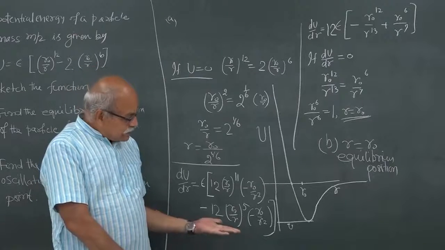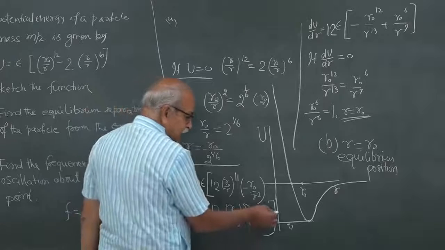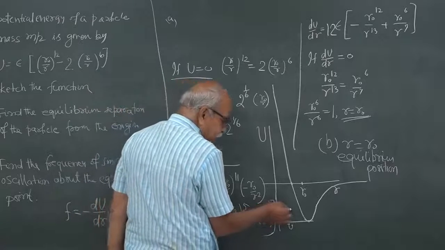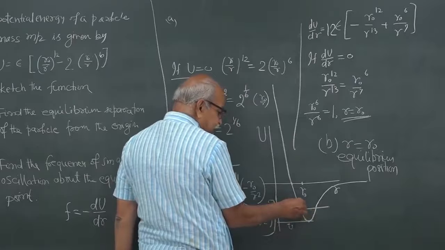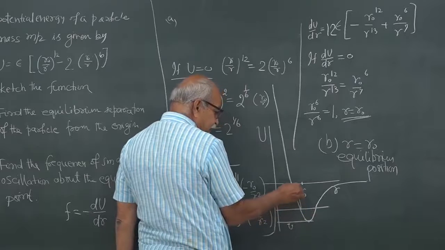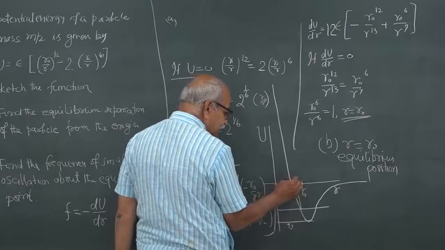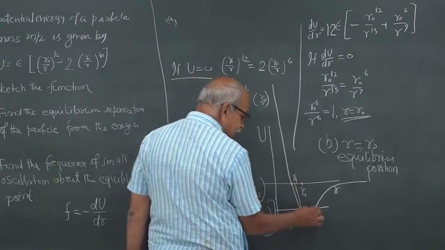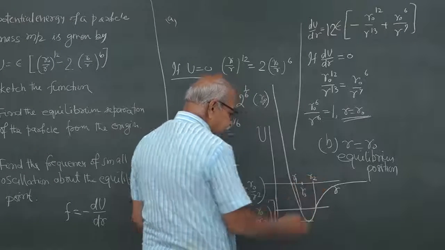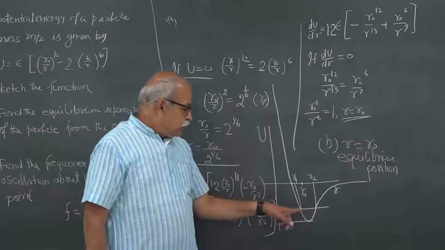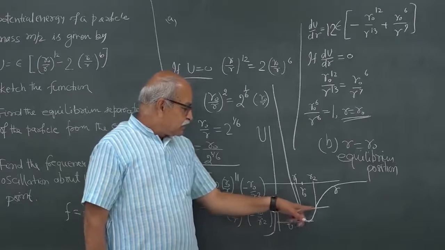But if the energy is more, then the particle can move, and we have already discussed these are the turning points. This is, let us say, R1 and this is R2, and the particle with this energy, it will go from here to here and back, again and again.